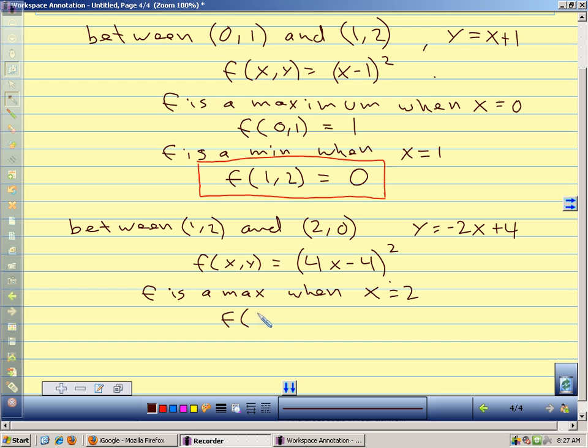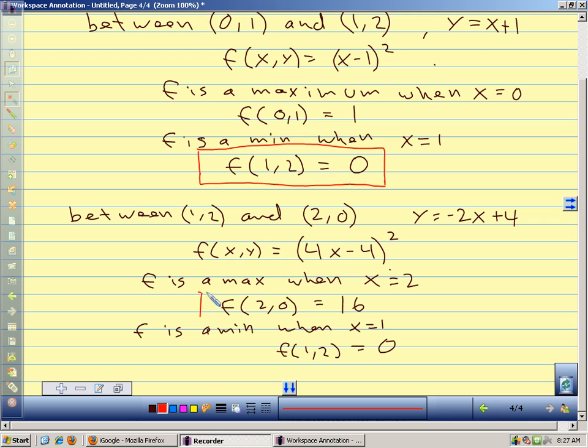And f of (2, 0) equals 16. f is a minimum when x equals 1. And f of (1, 2), we've already found that, equals 0.